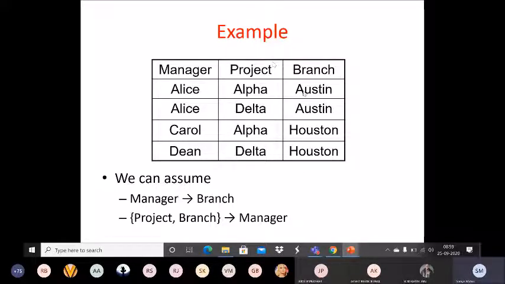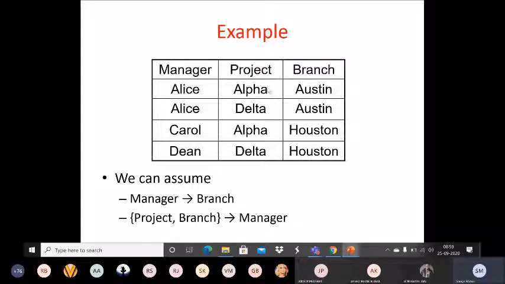Manager, project and branch. There will be some manager, some project, and some branch. Just look at this. This will help you in future. This project Delta is going on in two branches, Austin and Houston.